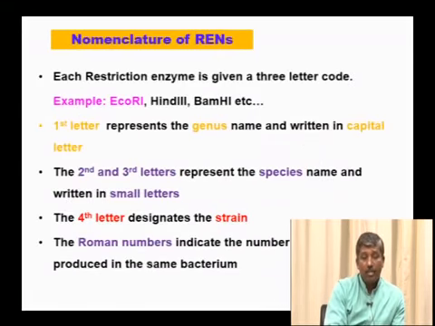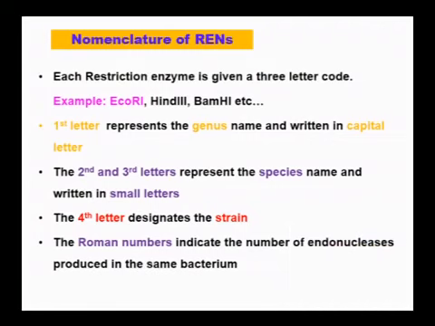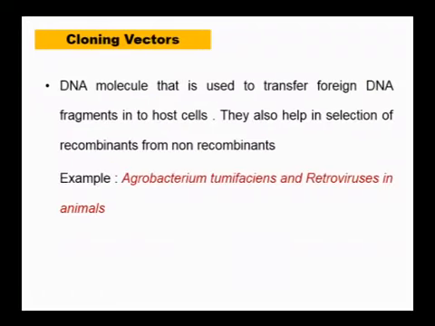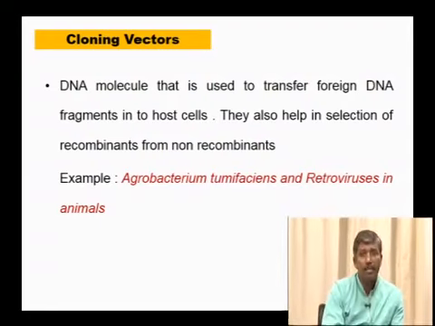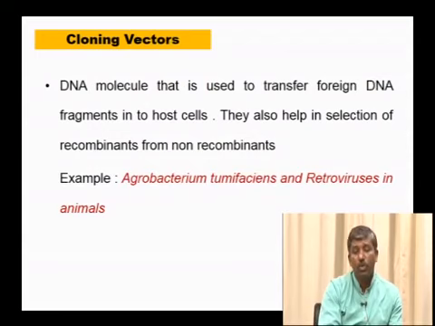So, even there is a specific nomenclatural procedure for these restriction enzymes. It is almost similar to our binomial nomenclature. Next type of tools are cloning vectors. These are the DNA molecules that are used to transfer our gene of interest into host cells.